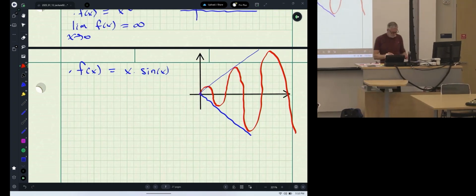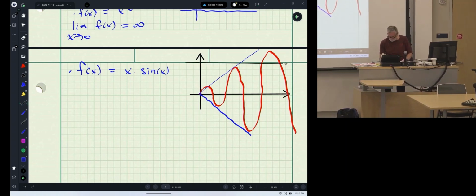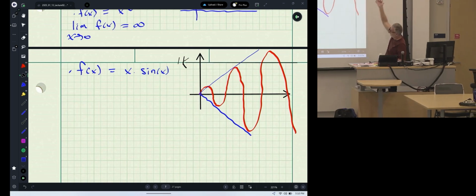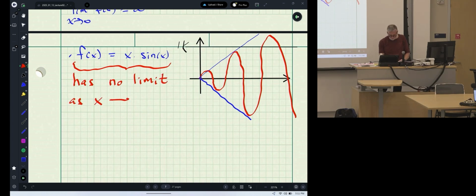Whatever value of x that we draw, if we set k there, the function is going up and coming down, going up and coming down. It doesn't get up above it and stay there. So this function has no limit as x tends to infinity, so as x gets large.